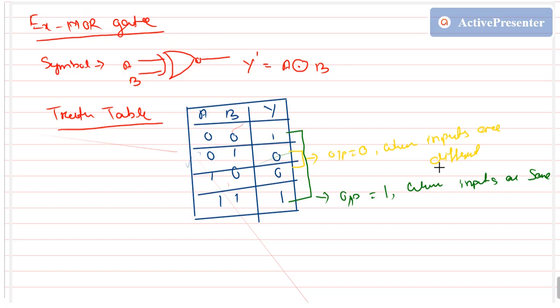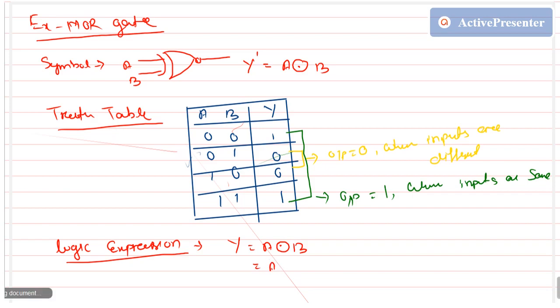Now what is the logic expression? Already I have written there, Y equals to A XNOR B. This dot above is the XNOR. Now this is written as AB plus A bar B bar.